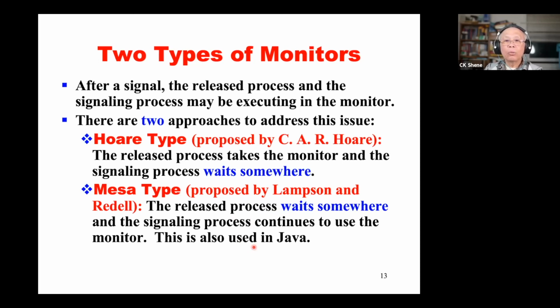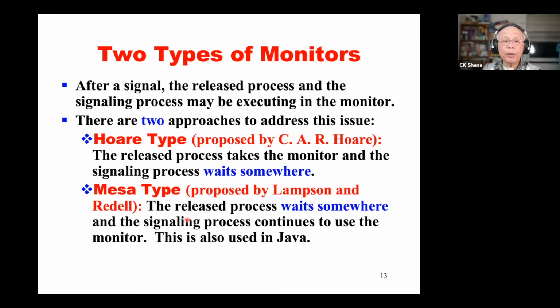So a quick recap. When a signal to a condition variable happens, and if someone is waiting there, one thread or one process will be released. Then we have a conflict because two processes are running inside a monitor. So one of them must leave the monitor immediately before the other can execute. The Hoare type gives the priority to the released one, and the signaling one will be pushed outside of the monitor.